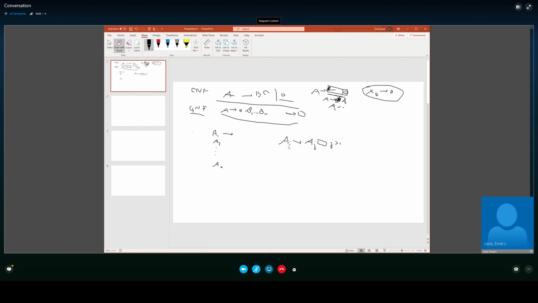But the crucial issue is that after you've done the elimination of left recursion, you now have a situation where every production satisfies this: if you have an Ai production, whatever i is, the right-hand side of that production cannot start with any variable that is higher up in this listing. It has to be strictly lower. So if there is i here, then the j has to be below that i.